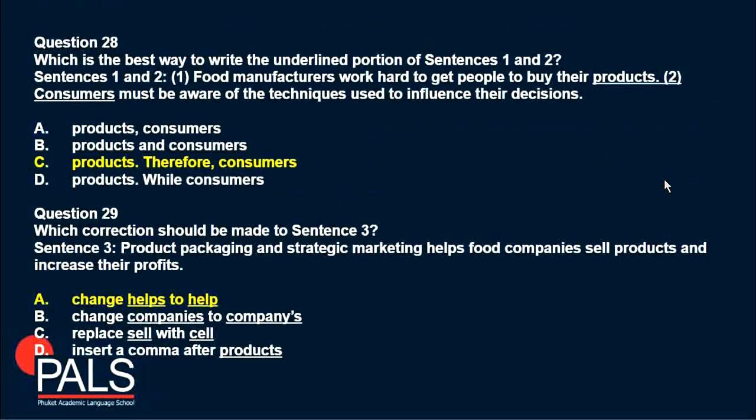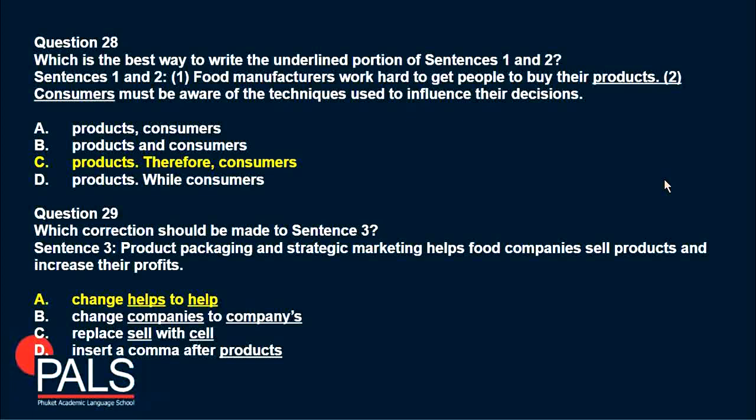Okay, let's proceed with the answers. Now, for question number 28, the correct option is C. Why? Because this choice adds a transition at the beginning of sentence 2. Why? To show that it is connected to sentence 1. All right? So we need a transition word here, and therefore is the best option that we have.